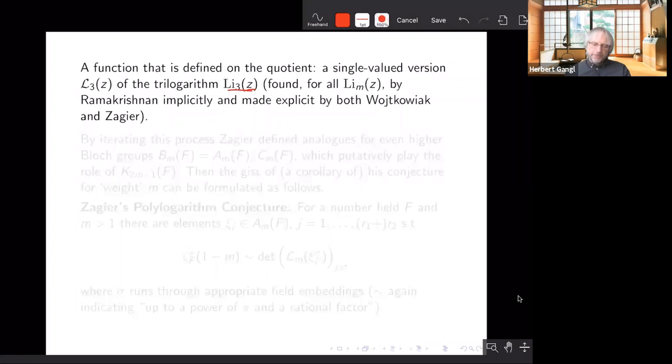And this has been found, or a corresponding one has been found for any level m greater or equal to 2, first by Ramakrishnan. But that was still implicit, and it's been made explicit individually by Wojtkowiak and by Zagier. So this now is a good function on that quotient A3 by C3.